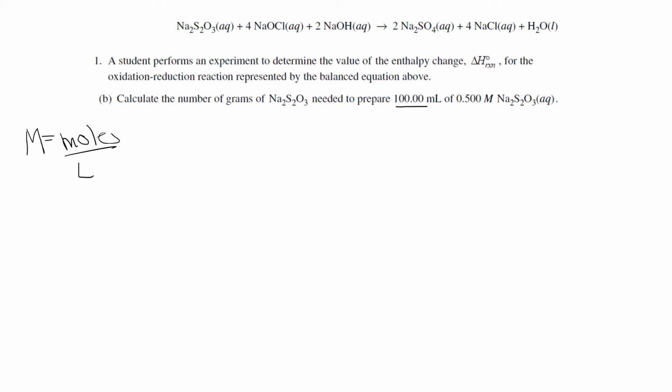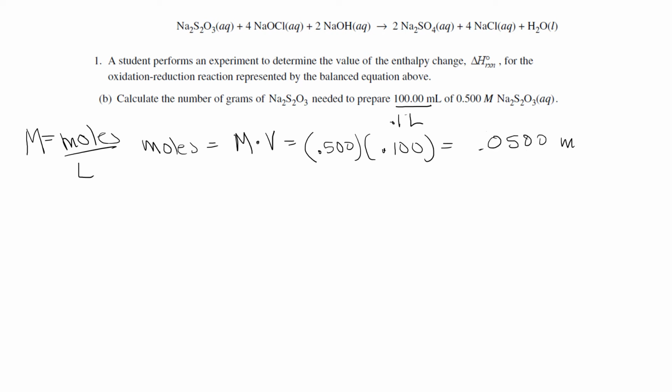This is not liters, so I would have to convert that to liters, and I would rearrange this formula to say moles is equal to molarity times the volume of the solution. So the molarity is 0.500 times 0.100, and that should give me 0.0500 moles.